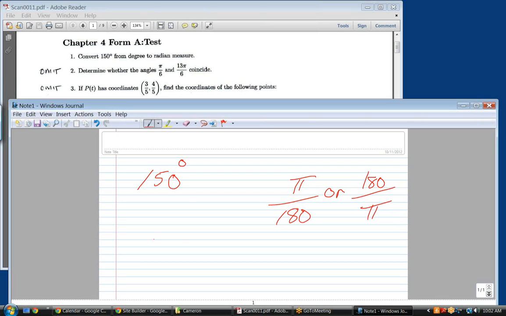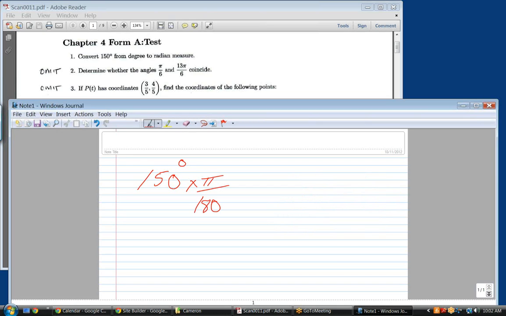What would we use to convert this one? Would it be pi over 180? Yeah, because the degrees need to disappear. Doesn't pi equal 180 as well?